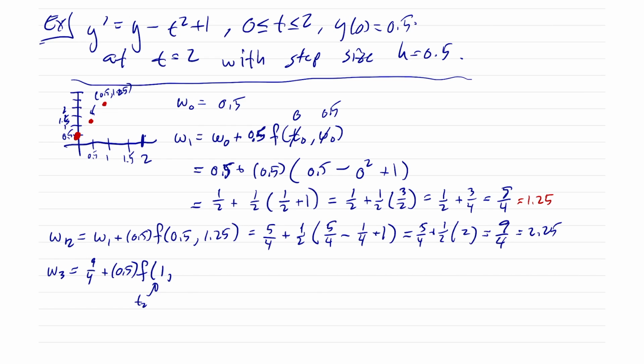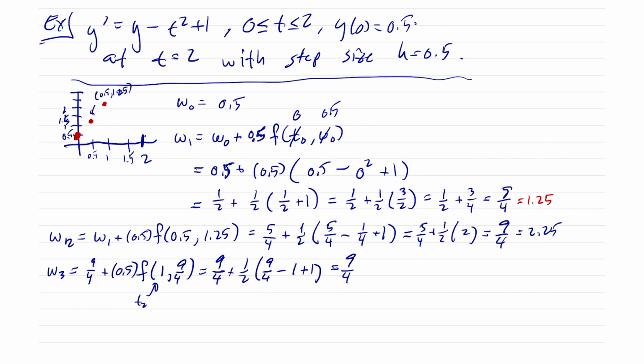And W2 goes in for y, and that was 9 quarters. So put everything together: 9 quarters plus 1/2 times 9 quarters again, because that's what goes in for y, minus 1 squared, and so that is just 1 plus 1. So again, easy enough to do.